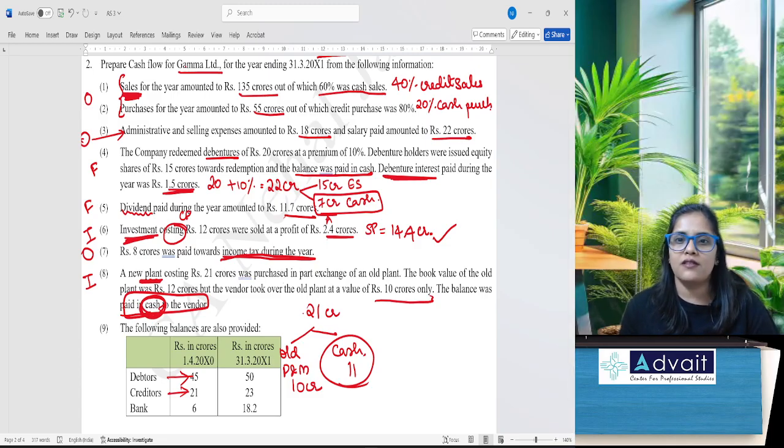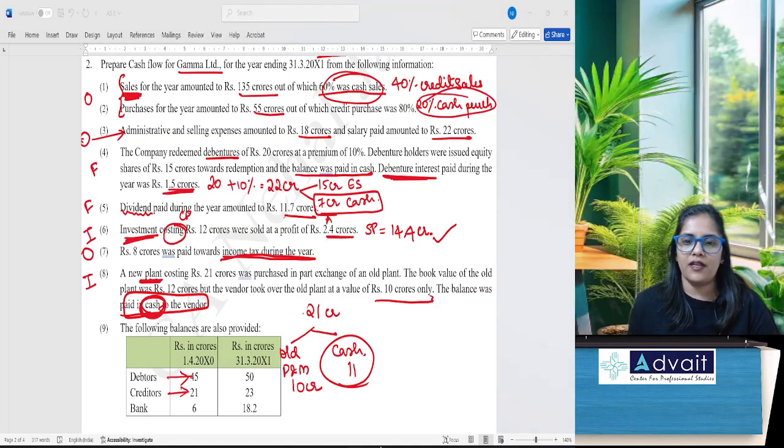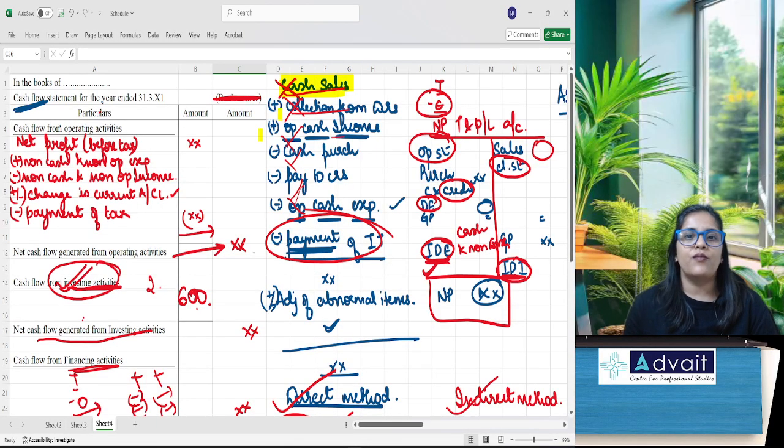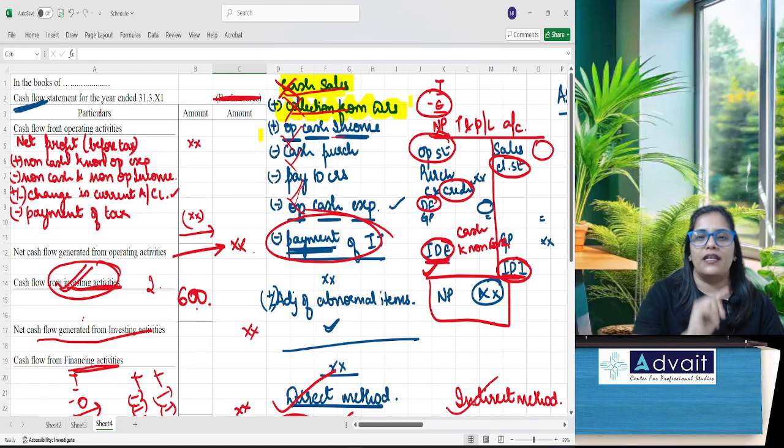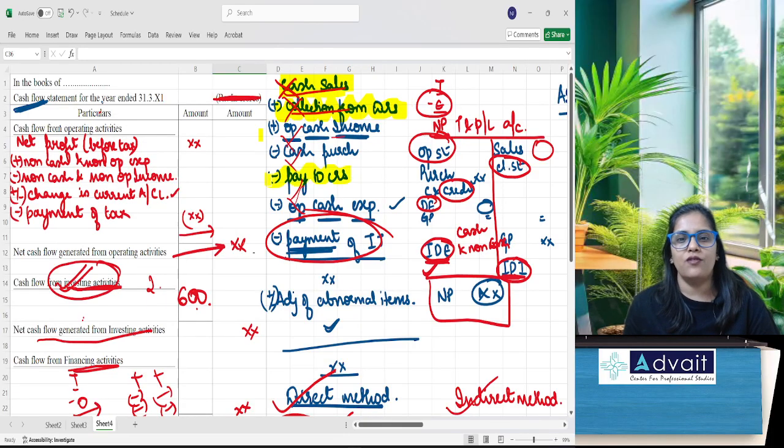You know that cash sales are 60%, cash purchases are 20%, right? So you know what is cash sales, but they have not given you collection. They have given you credit sales. Now you have opening balance of debtors, closing balance of debtors, and credit sales. From that, you have to find collection from debtors and payment to creditors.